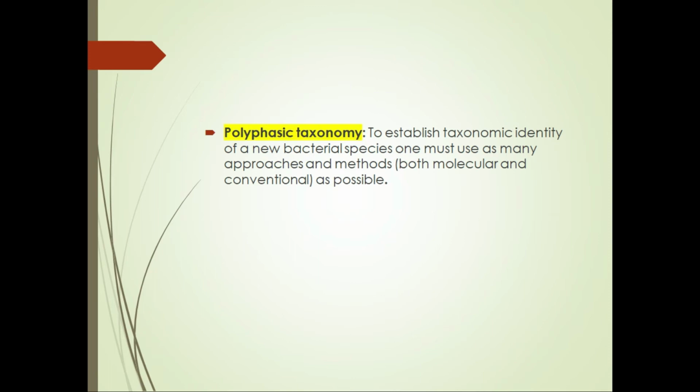In contrast to monophasic taxonomy, where taxonomy is based on only one kind of data, maybe only molecular data or only conventional data. So even though molecular data gives you the accurate picture of the differences, still the molecular data should be complemented by, supplemented by conventional experimental data like biochemical characteristics, morphological characteristics.